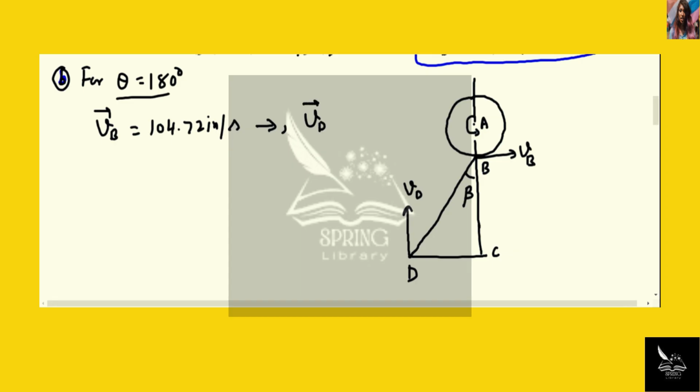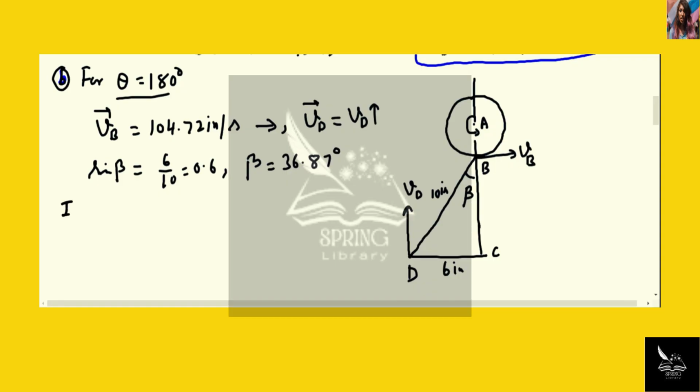And BD is, from the figure, sine of beta you may find: this is 10, this is 6 inch, so 6 by 10, that is 0.6, so the value of beta will be 36.87 degrees. The instantaneous center of bar or rod BD is at point C.